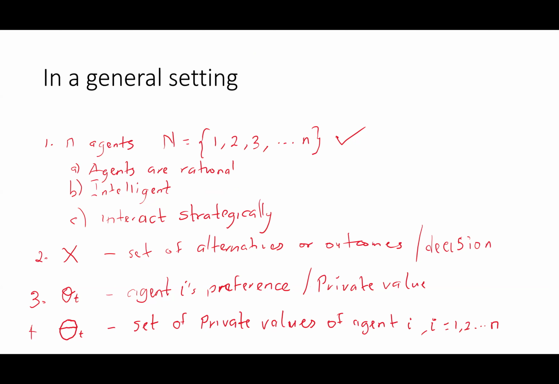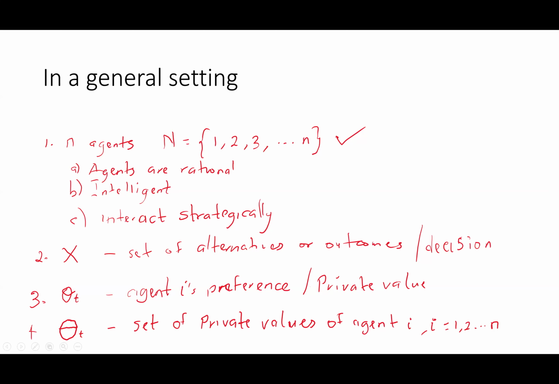Then we are saying that each agent has his or her own preference, which is a private value. So the agent knows what she really wants, which is what I have represented by this small theta.